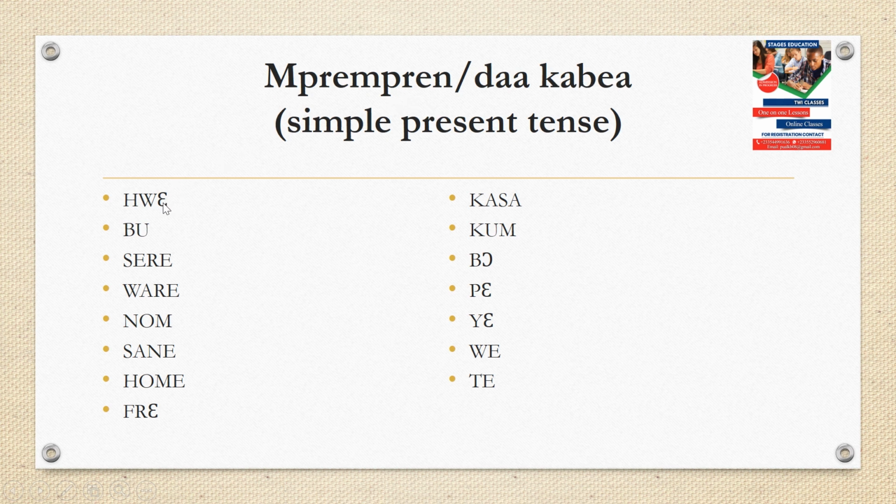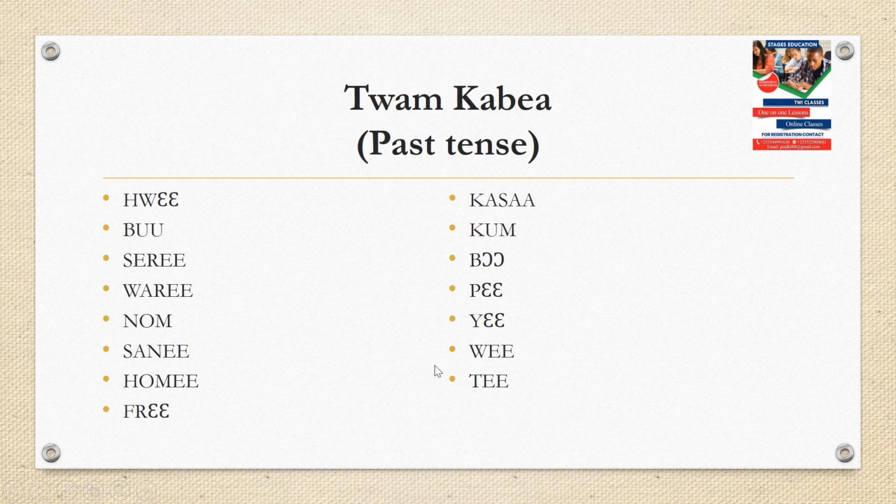And we looked at verbs such as hwɛ, bu, sre, ware, nom, sane, home, frɛ, kasa, kum, bɔ, pɛ, yɛ, re, te, where this is to look, to break, laugh, marry, drink, descend or untie, rest, call, speak, kill, hit, like, do, chew, and pluck.